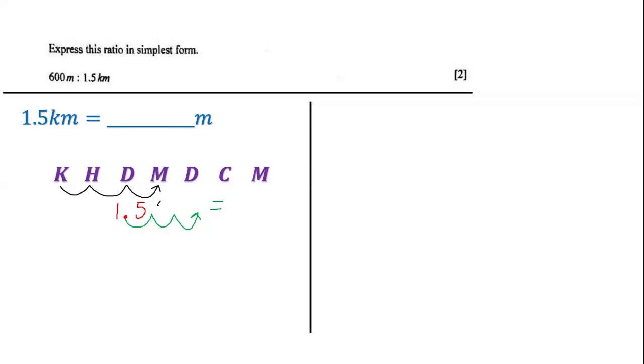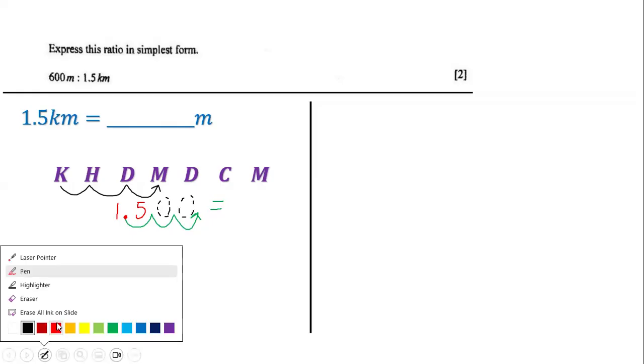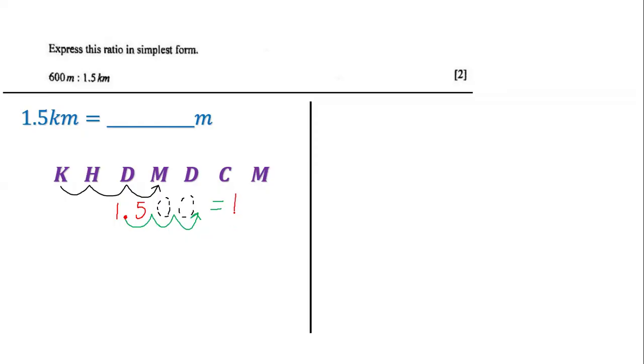Very good. So we're going to have the 0 right there, and the 0 also right here. So our number is going to be 1,500. Very good, 1,500.